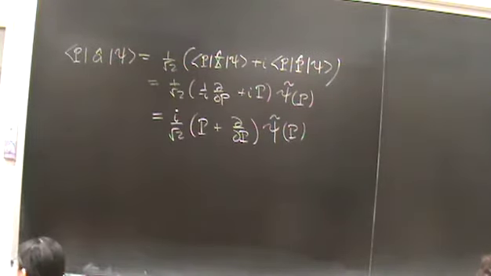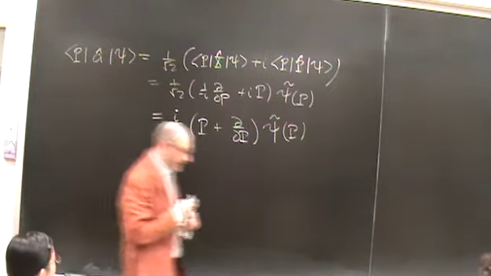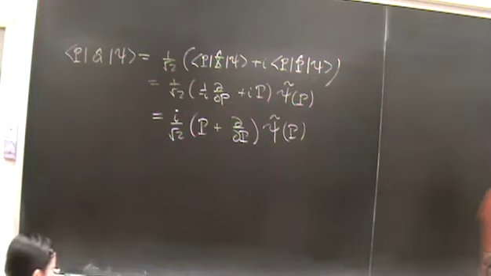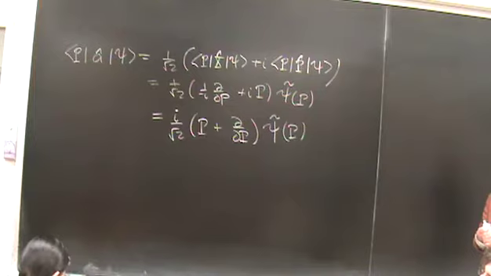Alrighty. So, given that, how do we find the position or momentum representation of the energy eigenvectors? That is to say, the wave functions associated with the energy levels of the simple harmonic oscillator.